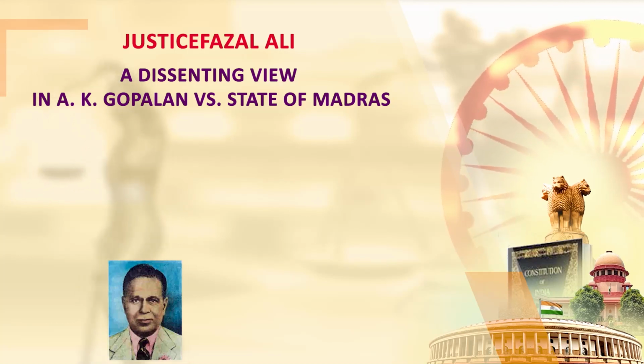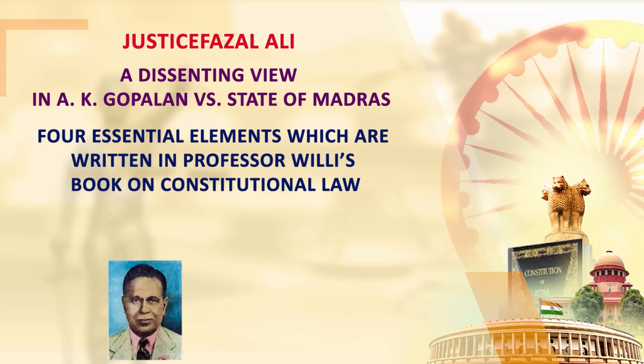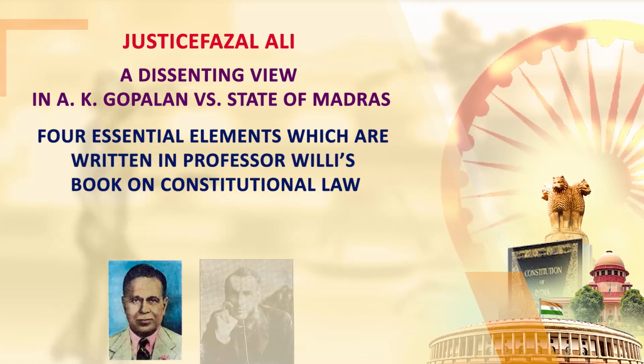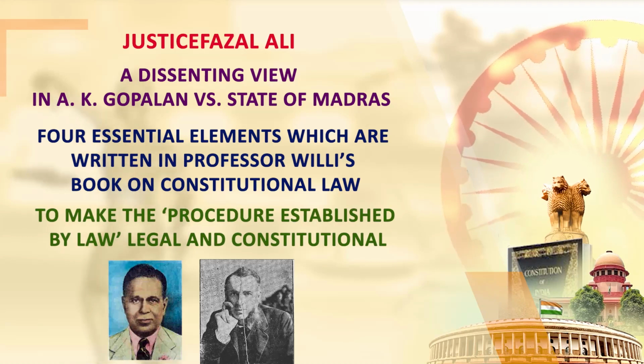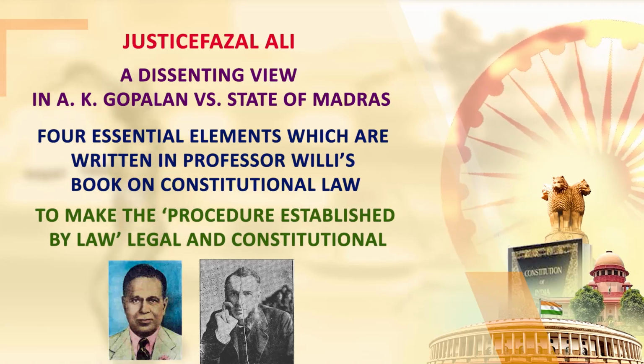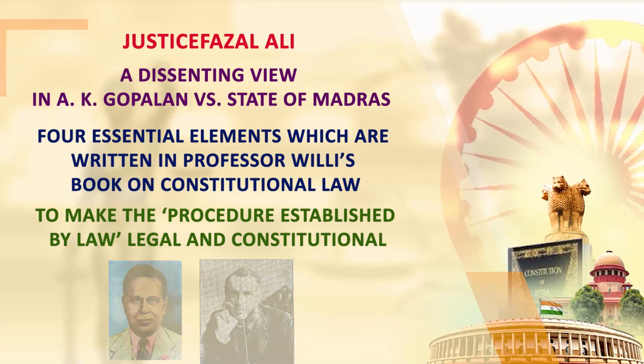According to Justice Fazal Ali, 4 essential elements, which are written in Professor Willis's book on constitutional law, must be there to make the procedure established by law legal and constitutional. He was talking about notice, opportunity to be heard, that is audi alteram partem, impartial tribunal, that is nemo judex in causa sua, and ordinary course of procedure.